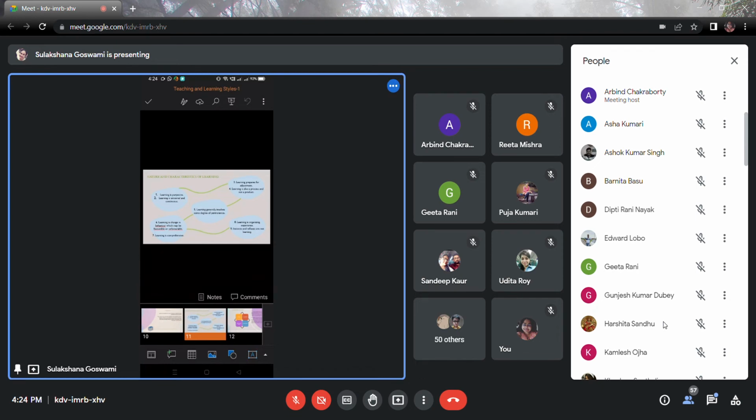Next, number four, learning is a process and not a product. We think that learning is a product, but it's not the truth. Actually, learning is a fundamental and lifelong process.